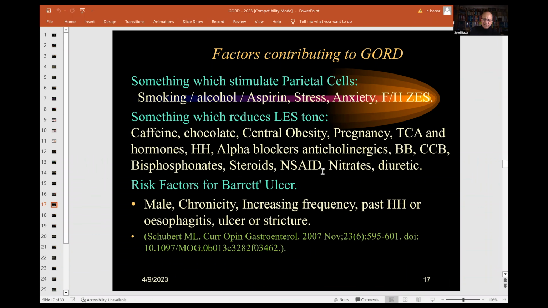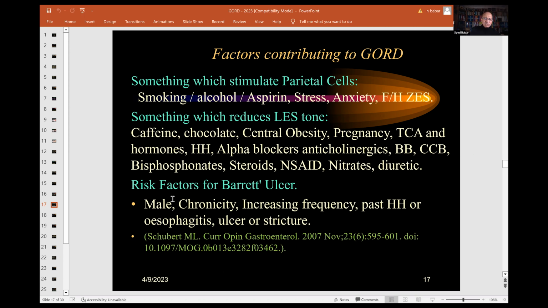So what are the risk factors of Barrett's ulcer? Usually male, chronic episodes, increasing frequency, past history of hiatus hernia, recurrent esophagitis, peptic ulcer, or fibrotic stricture.